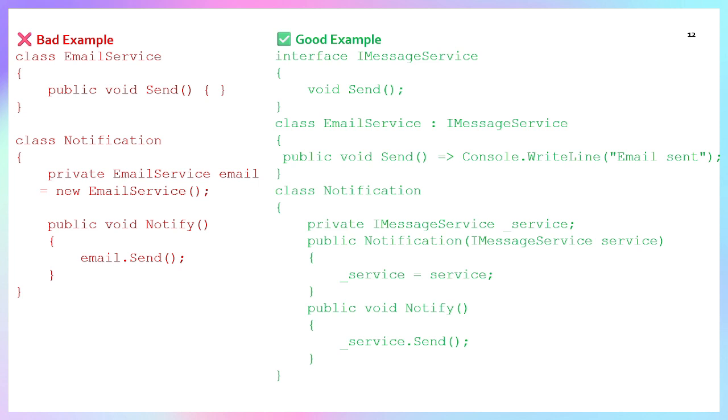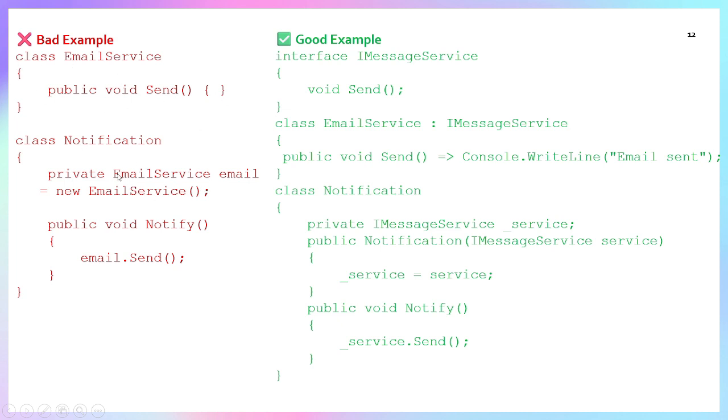We are talking about the D. D means dependency inversion principle. The dependency inversion principle says a big class should depend upon the abstraction, right? And here you can see a class email service, public void send notification.